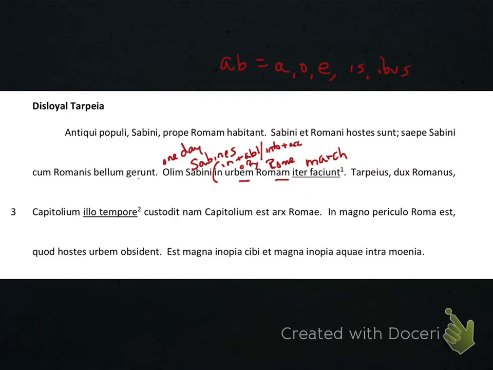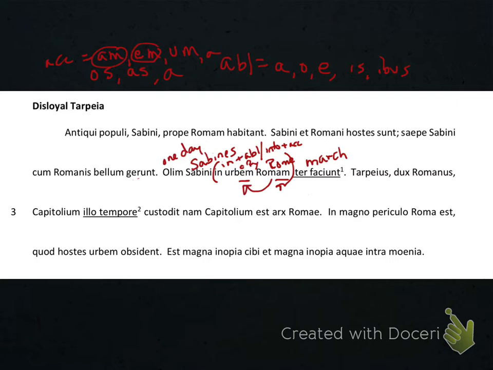When I look at the accusative line, I see AM, EM, UM, even a letter A. And then when I look at the plural, I see OS, AS, and A. So I notice that after in, I see EM and AM. So that's where my prepositional phrase ends.